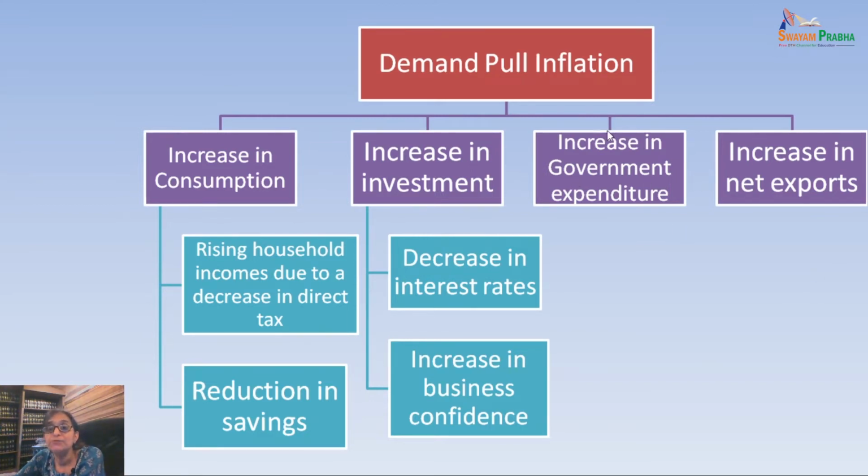Now, I would like you to recall what we had done with your IS curve. We had seen that when government expenditure increases through fiscal policy, the IS curve shifts outward, and then we talked about crowding out. So this increase in government expenditure is something we have already understood when we did goods market equilibrium.